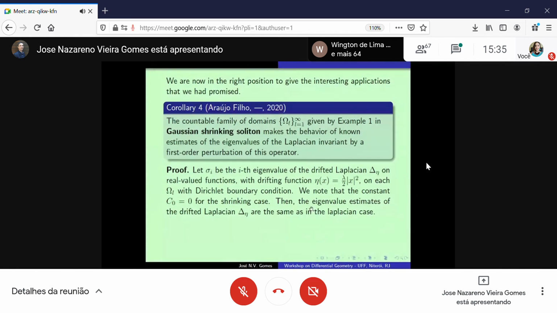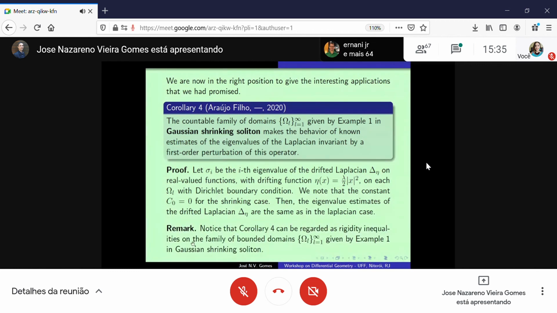Then the eigenvalue estimates of the drifted Laplacian are the same as in the Laplacian case. Remark: note that this corollary can be regarded as rigidity inequalities on the family of bounded domains given by Theorem 1, just in the Gaussian shrinking soliton.